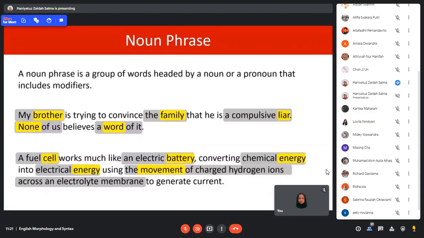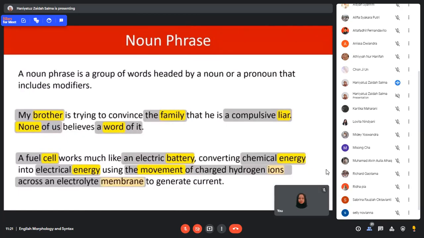Of course, you might have spotted that this noun phrase includes two embedded noun phrases. Charged hydrogen ions is a noun phrase, but here it's part of a modifier. An electrolyte membrane is also a noun phrase, but it's also part of a modifier.